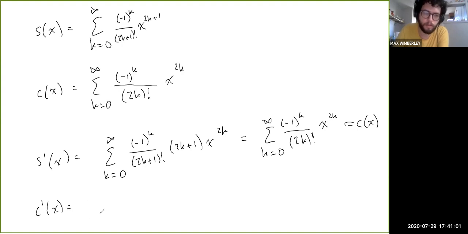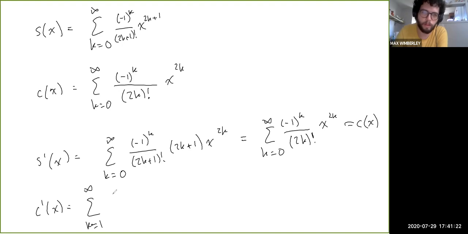is the series from, and now, when k is 0, you get a constant term, and so that just goes away. So let's just start k at 1 here. And then you'd get x to the 2k minus 1.